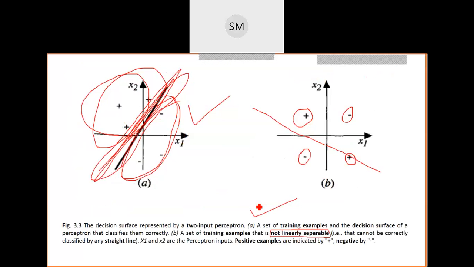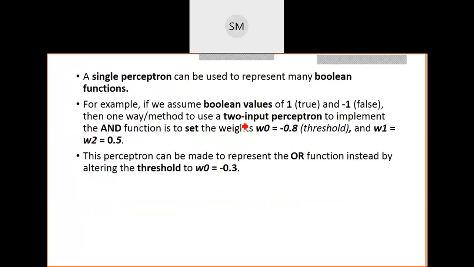Then a single perceptron can be used to represent many Boolean functions. Whatever the perceptron is, that is an artificial neural network.